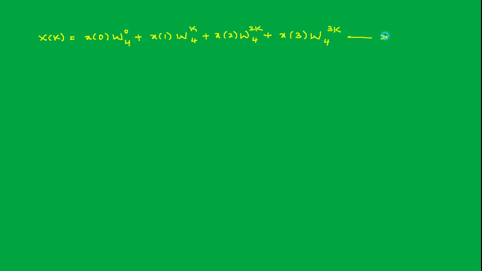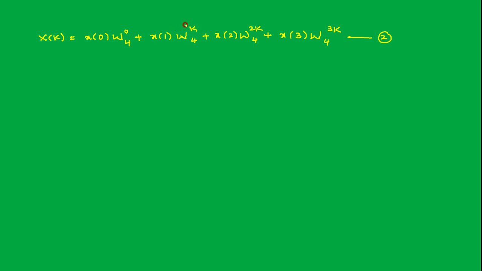Let me consider this as equation number 2. This equation expresses X of k in terms of the sample values of the input sequence, which are x of 0, x of 1, x of 2, x of 3. These are the sample values of the input sequence x of n, and these are the twiddle factor values which we have already calculated. We know the values of these twiddle factors, right?